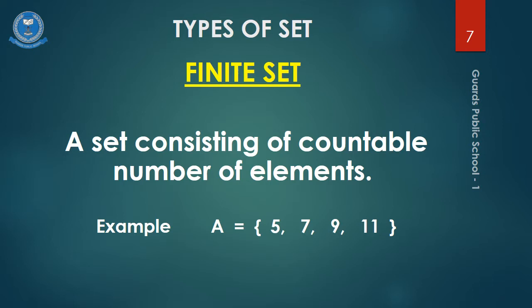Can you count how many digits are there? Yes, 1, 2, 3 and 4. There are 4 digits in this set, which means you can easily count the digits. If you can easily count, they are countable, and such types of sets are called finite sets.